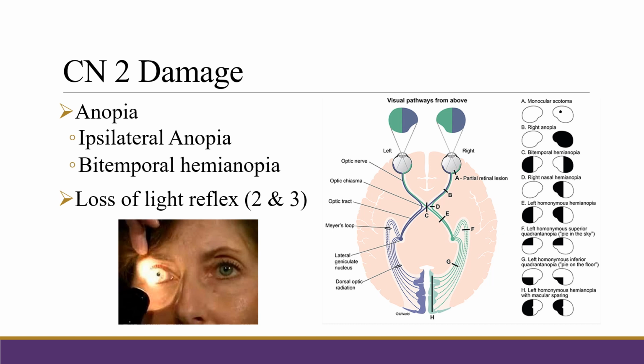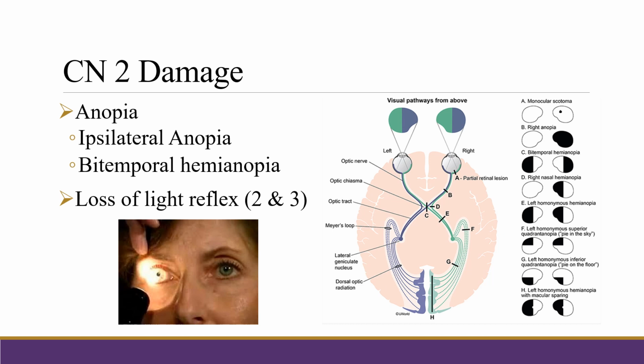This is what I was talking about, that picture on the right where it gets a little complex on where the lesion is, and we'll go through this when we get into the visual pathway a little bit more in depth in that chapter. So just the idea of depending on where the lesion is, you'll then see it on the right where they can't see in the black there.